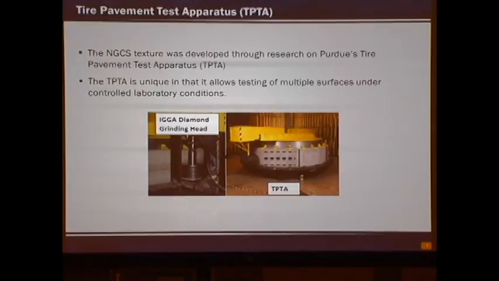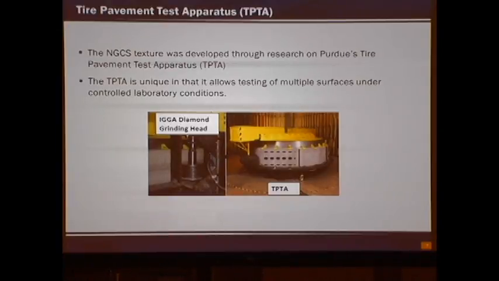So the tire pavement test apparatus that Purdue used is what you see here. It was developed through research for Purdue's tire pavement test apparatus and is unique in that it allows testing of multiple surfaces under controlled laboratory conditions. Now, in a lab, it's not always the same as what you see in the field.